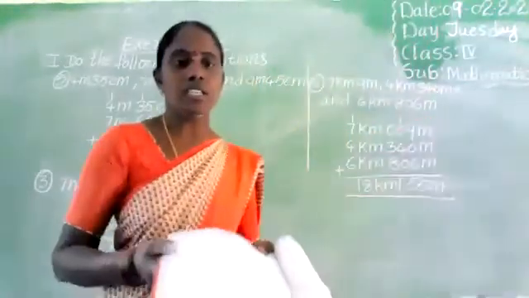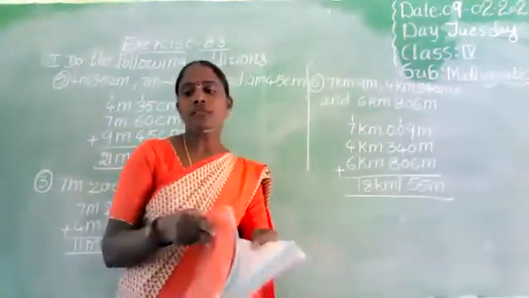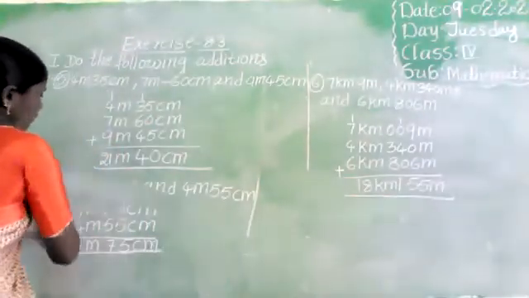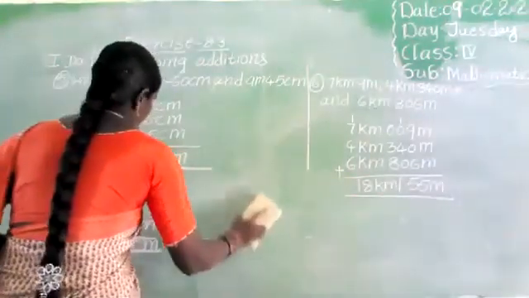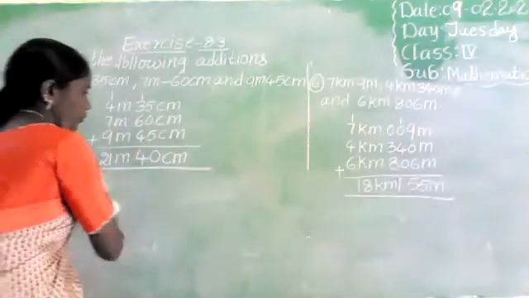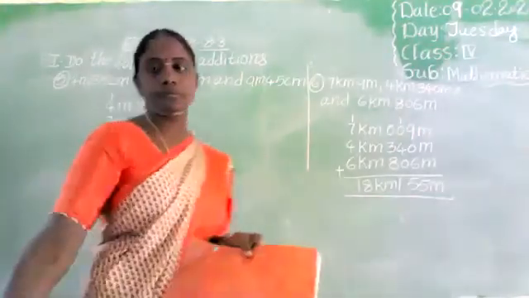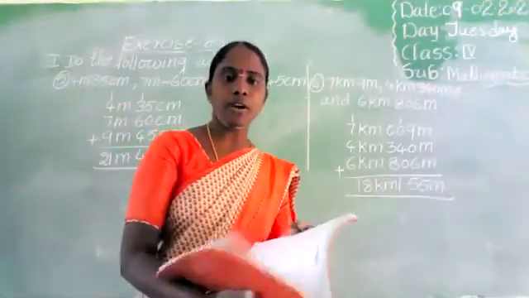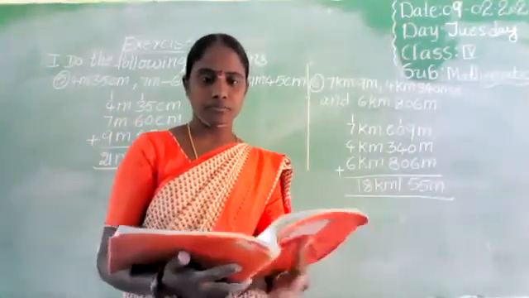How can we solve addition? And what is the homework also? If you have any doubt, ask me. Raise your hand on your mobile. Anybody? Do you have doubt or not?